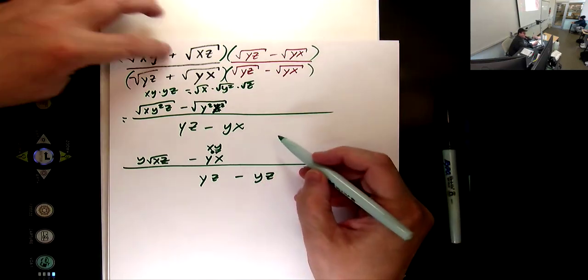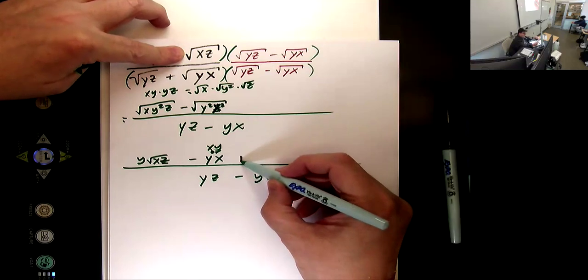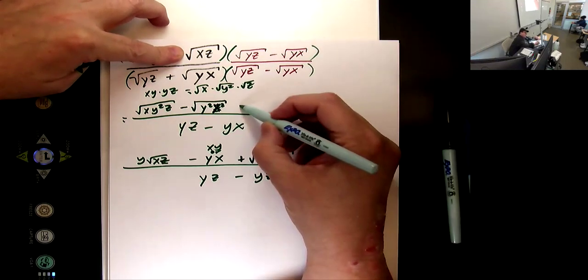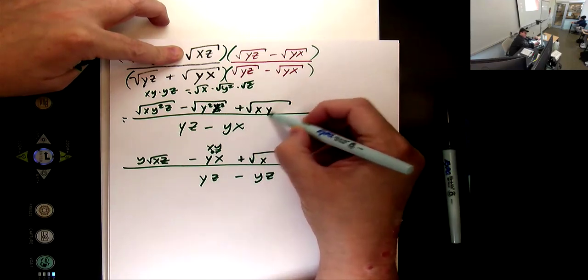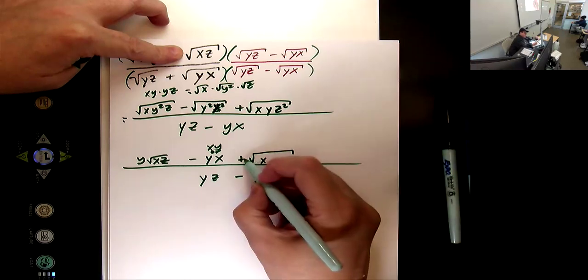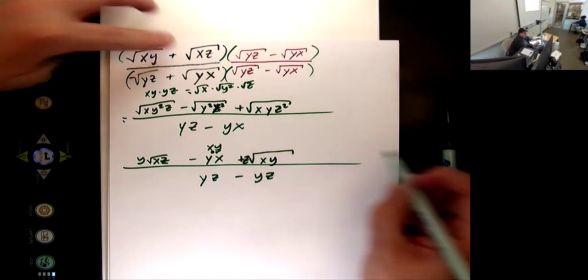And then we do the XZ times XY, so I got plus square root of XY and then Z squared, which looks like a Z comes out and we're left with XY inside.